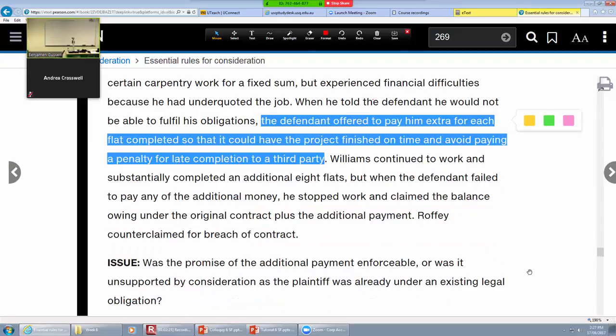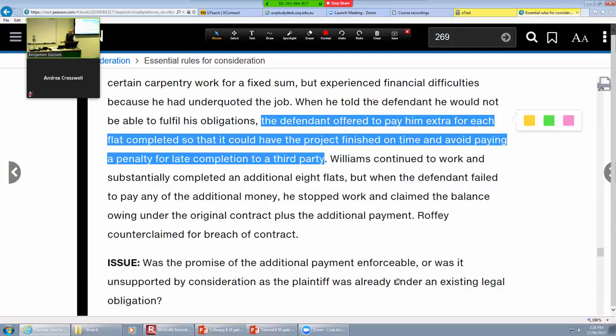He substantially completed an additional 8 flats, but when the defendant, so the defendant is the Roffey brothers, not Williams, failed to pay any of the additional money, Williams stopped work and claimed the balance owing under the original contract, plus the additional payment that was promised.